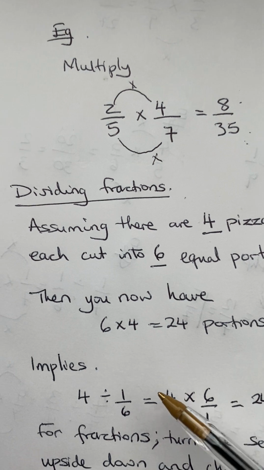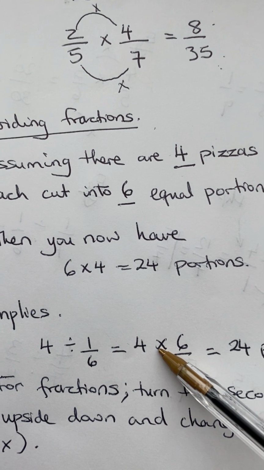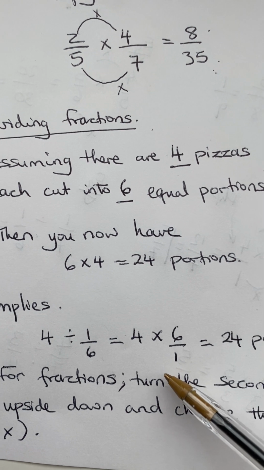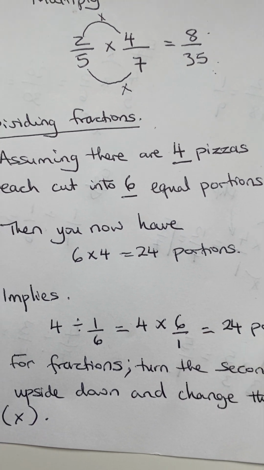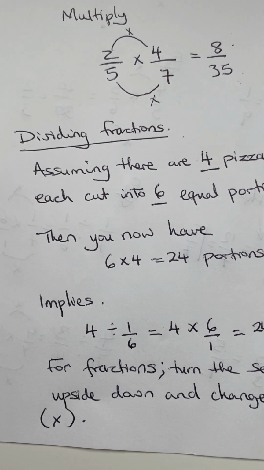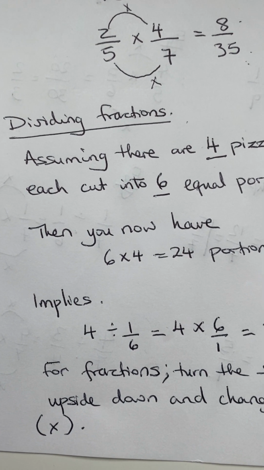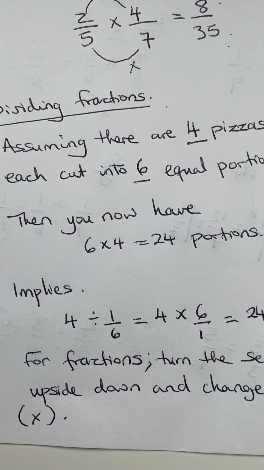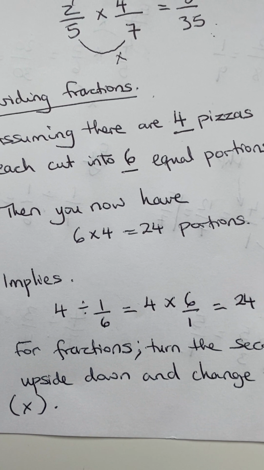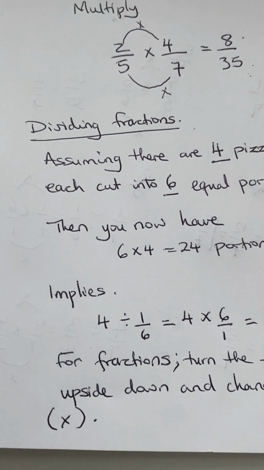Then we change the division sign to a multiplication sign. Now we can just do what we did for multiplying. So 4 times 6 is 24 portions. That is what the PISA question means. So for dividing, the second fraction, we flip it, or turn it upside down, and then we change the division sign to a multiplication sign.